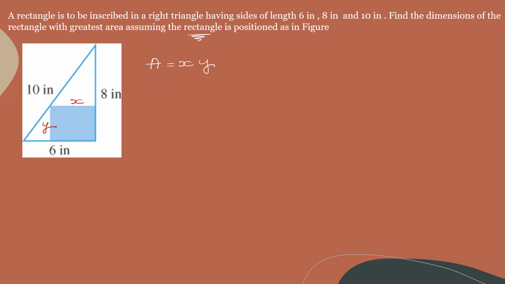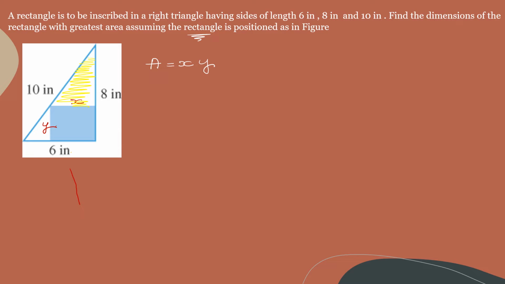Now how do we determine the x or the y values from the given equation? You can see that there are two similar triangles here. The first triangle is the big one with dimensions 6, 8 and 10, and the other triangle is the small one, which I am coloring yellow.